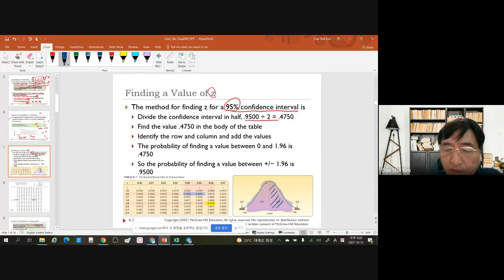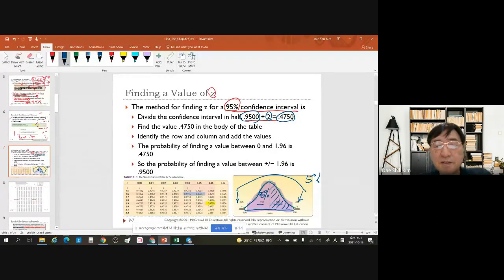Half of 0.95 is 0.475. The remaining 0.025 on each side adds up to 5%. The purple area is 95%. You need to look at the table.